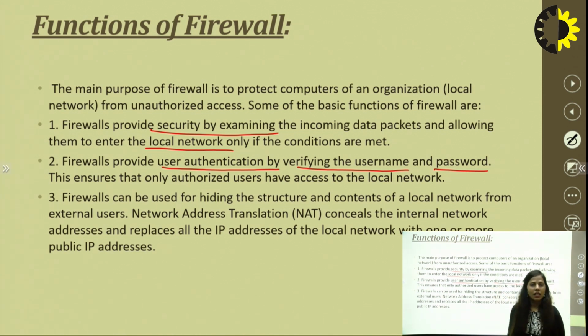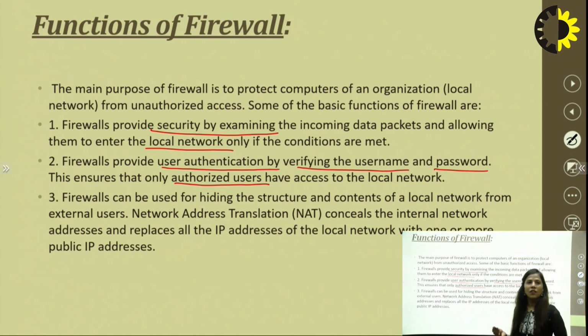Through that it can identify which person is accessing that particular data, so that it can validate whether this is an authorized user or not. By that the firewall decides whether it is an authorized user or an unauthorized user.